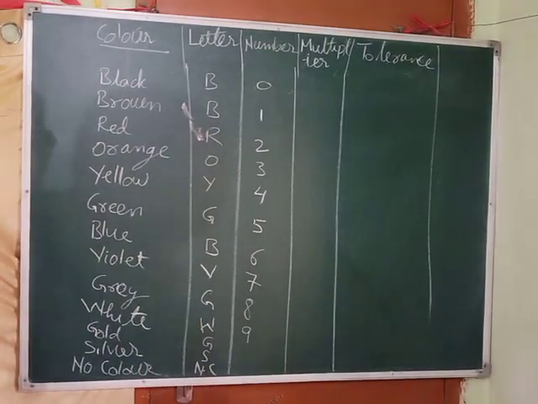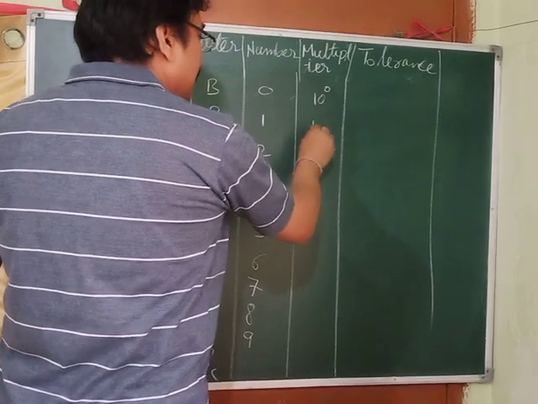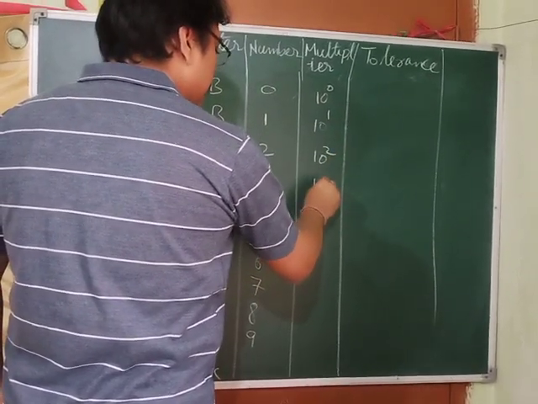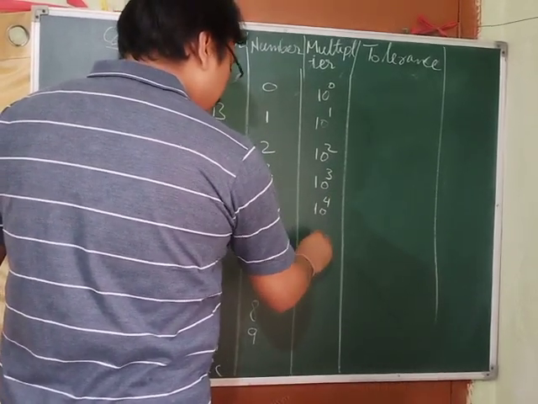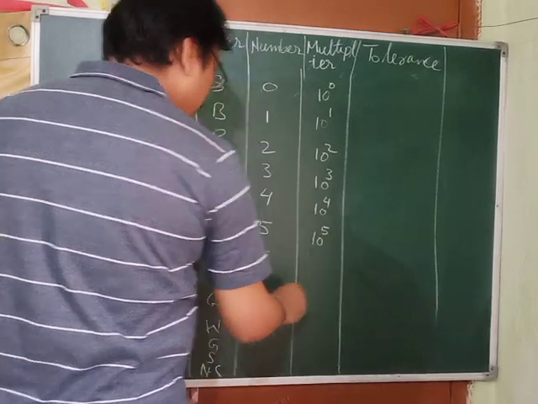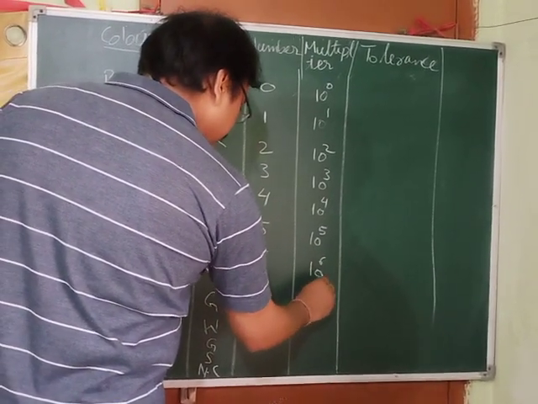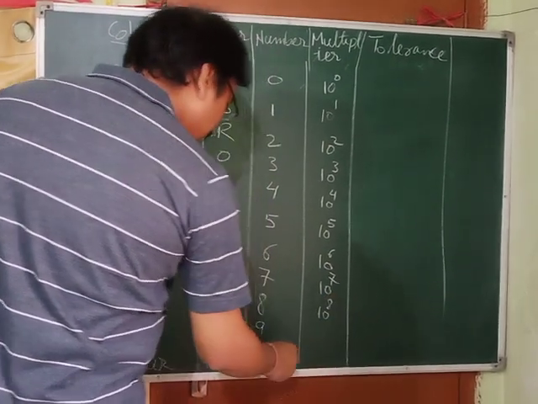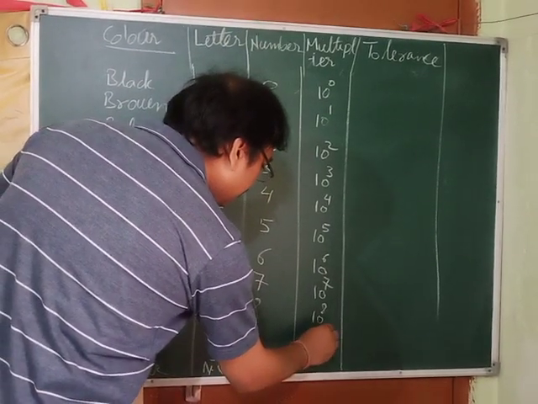Now, for the multipliers, again you write 10 to the power 0, 10 to the power 1, 10 to the power 2, 10 to the power 3, 10 to the power 4, 10 to the power 5, 10 to the power 6, 10 to the power 7, 10 to the power 8, and for this it is 10 to the power 9.